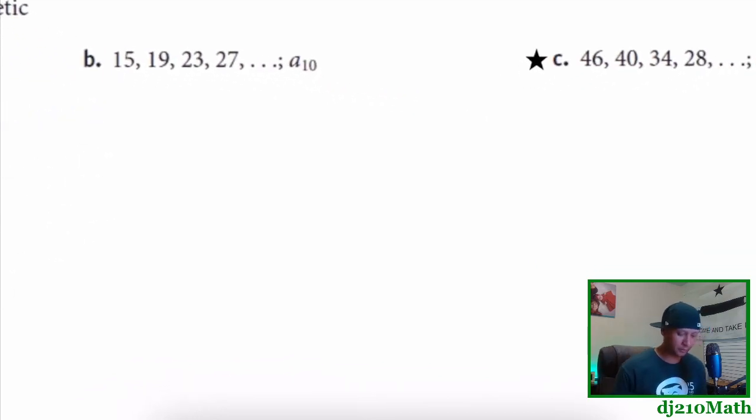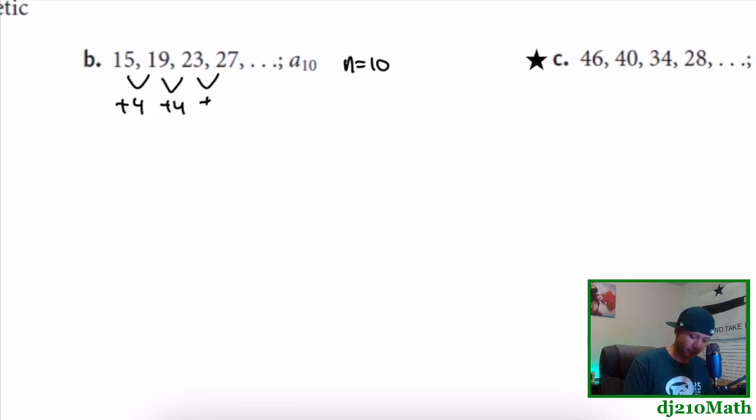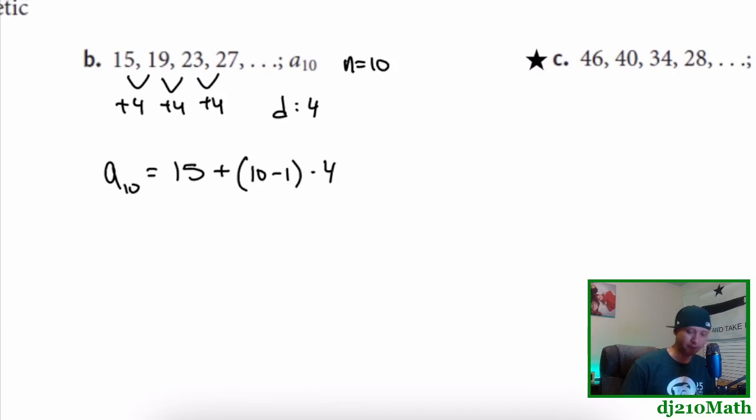So 15, 19, 23, 27. We want a sub 10, so n is equal to 10. The common difference looks like 4. It is, so the common difference is positive 4. So a sub 10 is equal to the first term, which is 15, plus, since n is 10, 10 minus 1 times the common difference of 4.